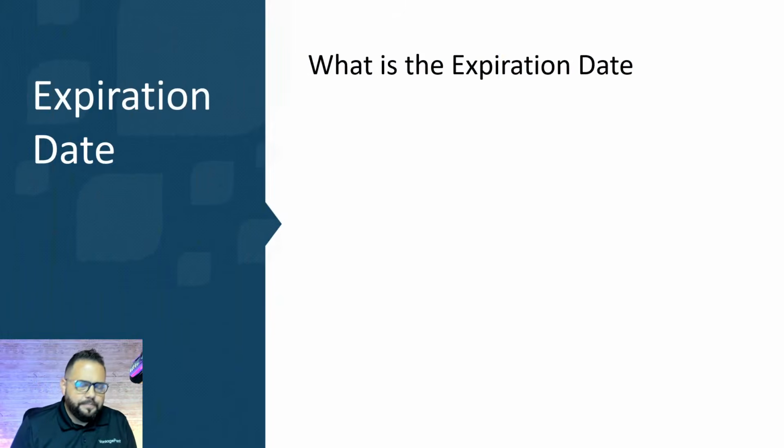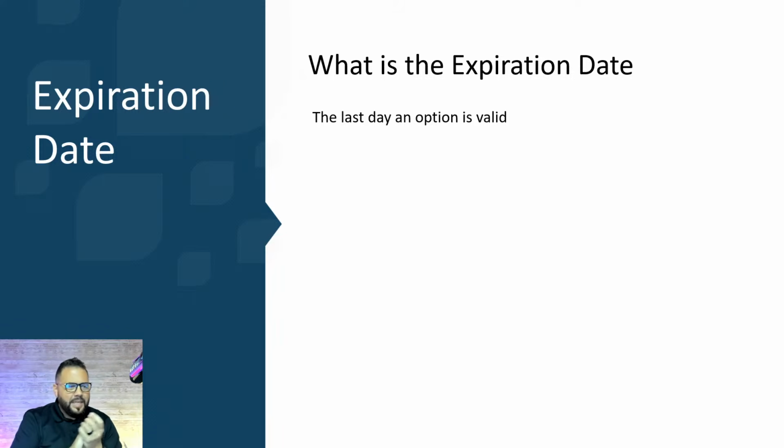And then expiration date. That's the last day the option is valid. After that expiration date, that option has expired. I always like to use the example of car insurance, right? If you buy a car insurance policy, you pay for it monthly.